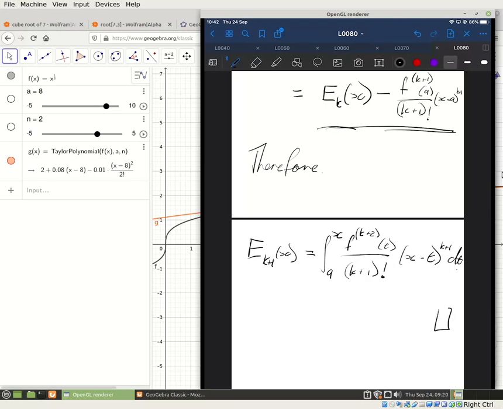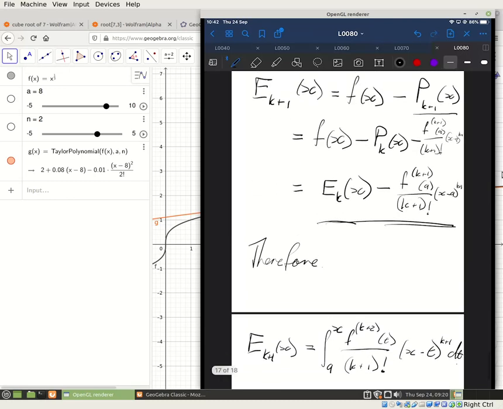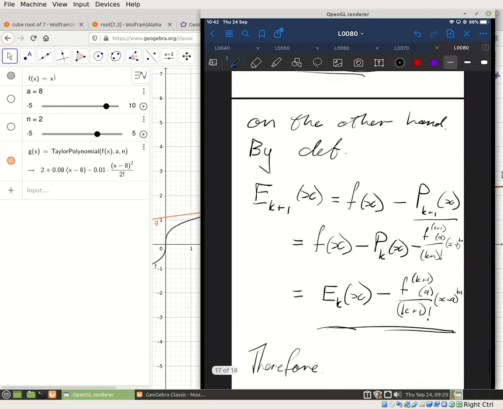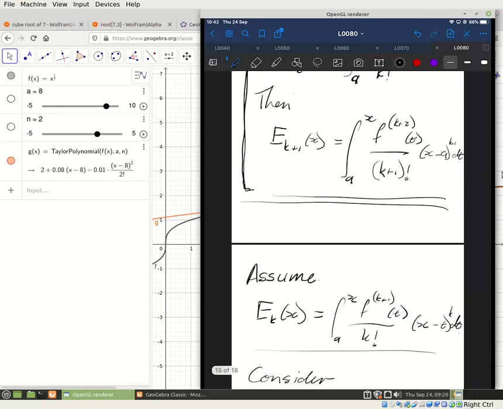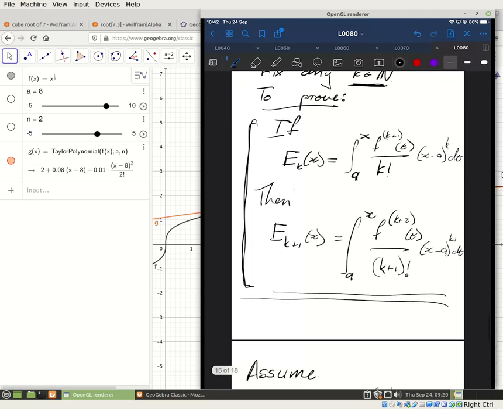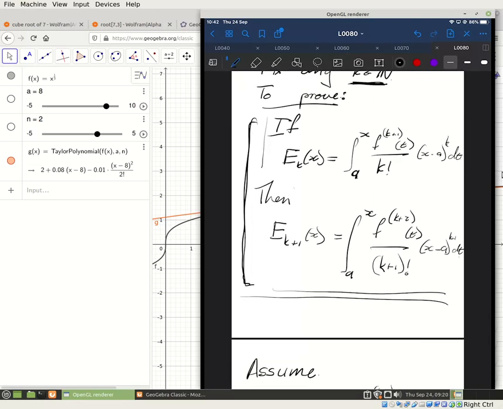Okay, and there we have shown that for any fixed k, we have shown that if ek is equal to that, then ek plus 1 is equal to that.